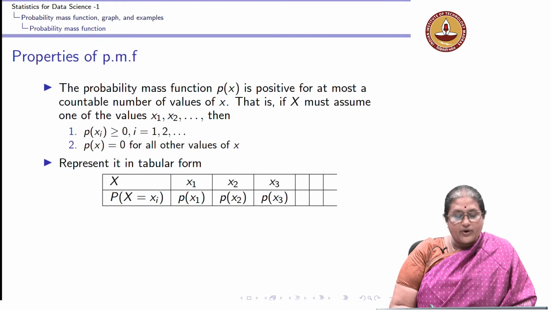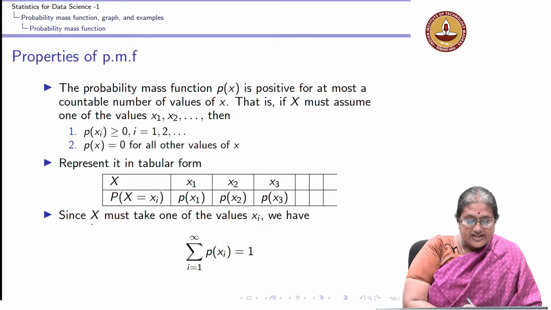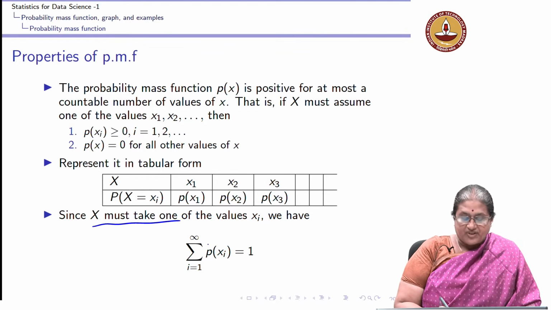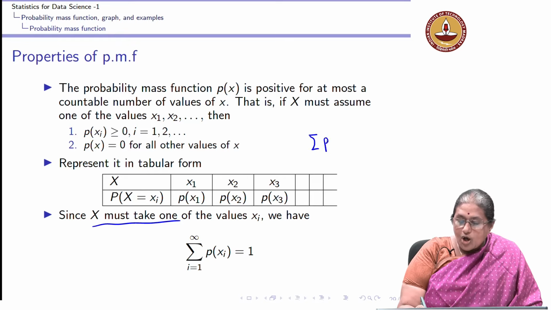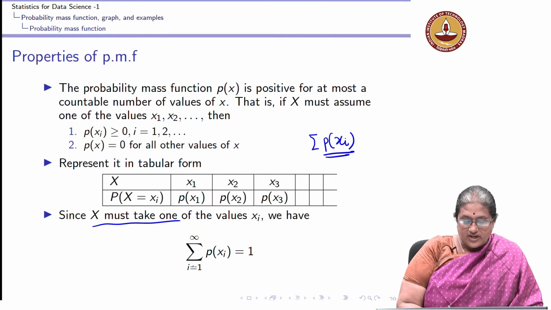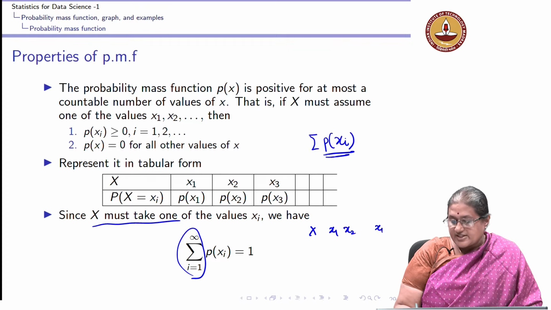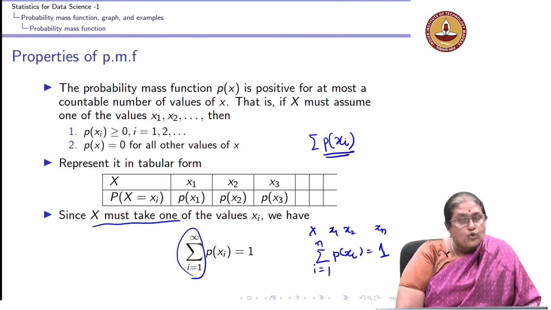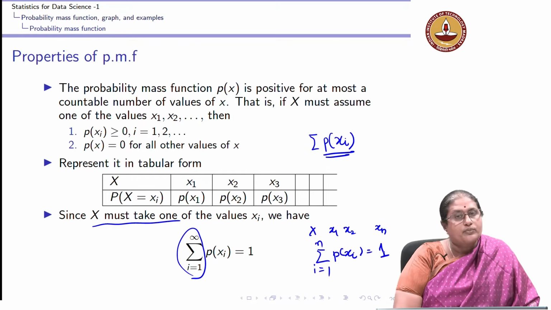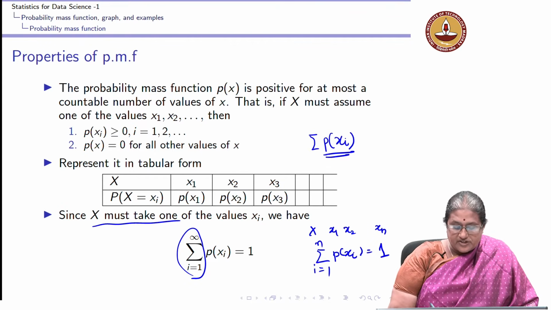The next important property is, since x must take one of the values, the summation over all possible values of x, if x takes the values x1, x2 up to infinity, or if x takes finitely many values x1, x2, up to xn, then the summation over i going from 1 to n, p of xi, equals 1. So, these are the two important and critical properties of a probability mass function.